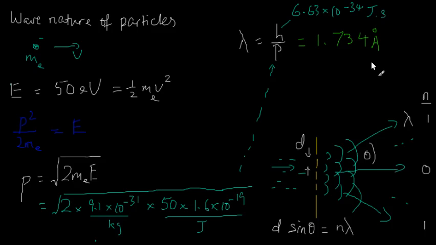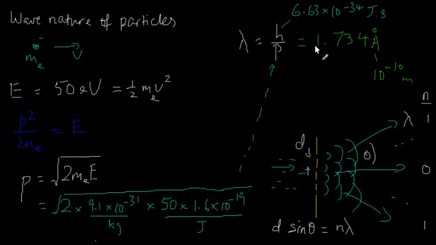That is a very, very small wavelength. Now, you might already have some idea that the wavelength of light is just under a micrometer. It's a few hundred nanometers. But we're talking about angstrom here. An angstrom is 10 to the power minus 10 meter.